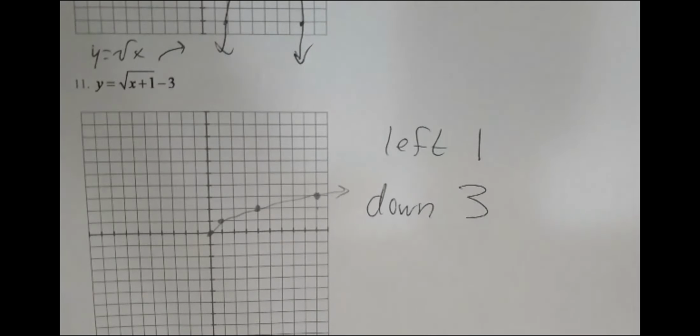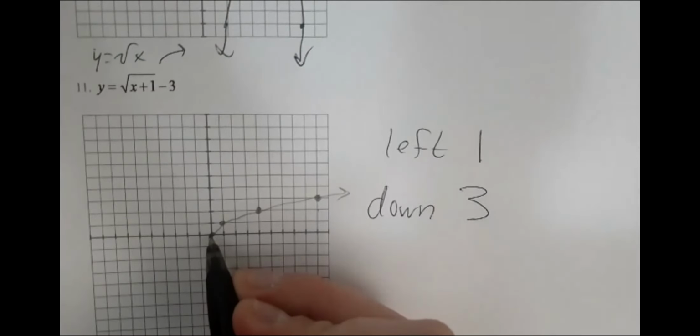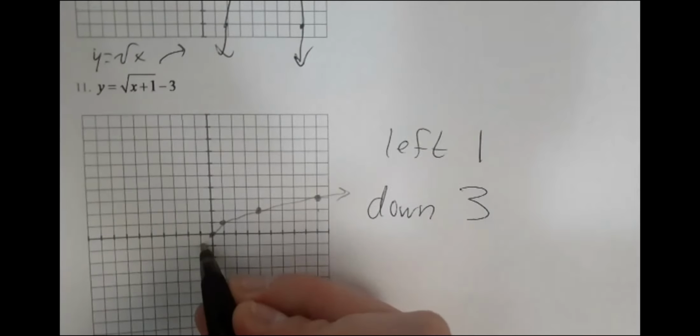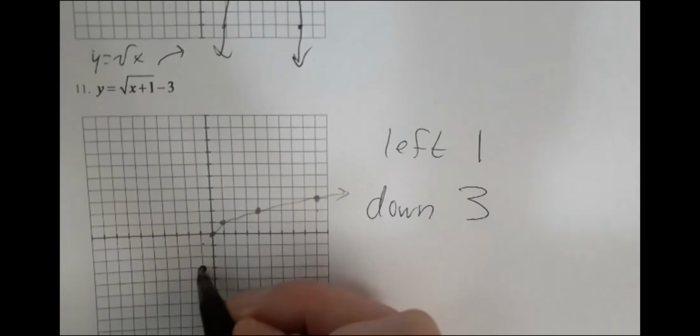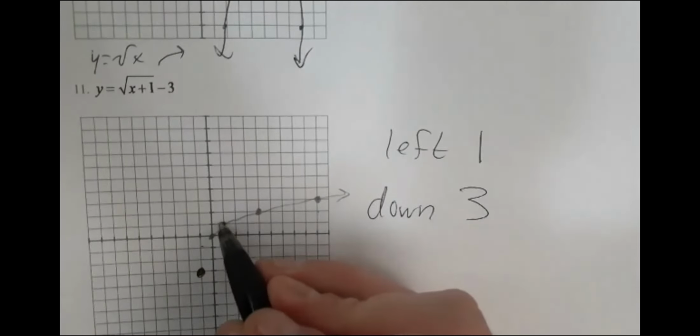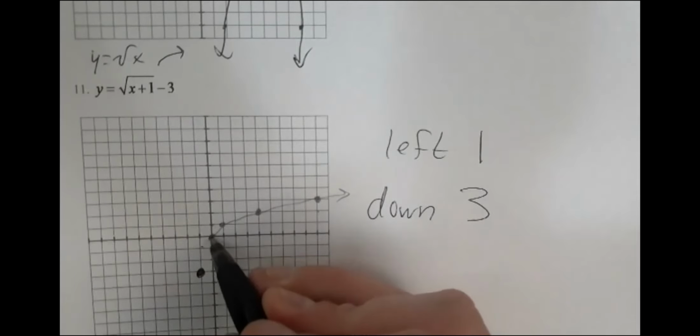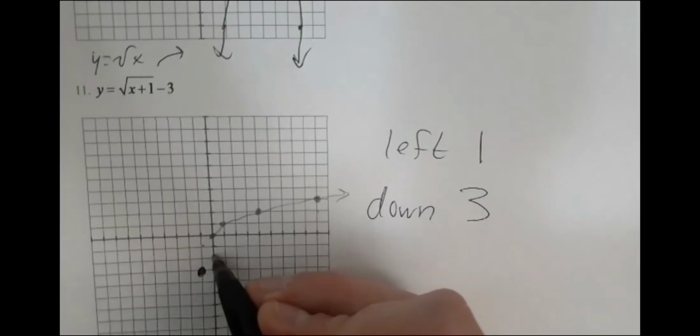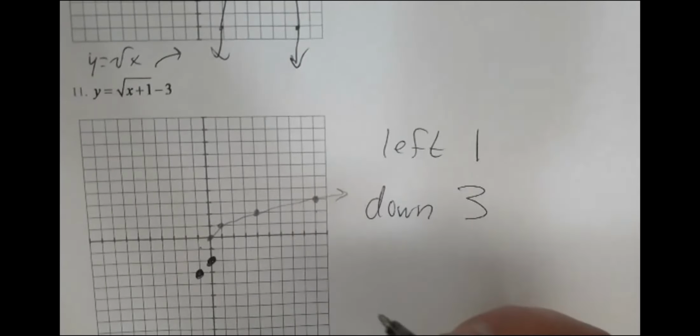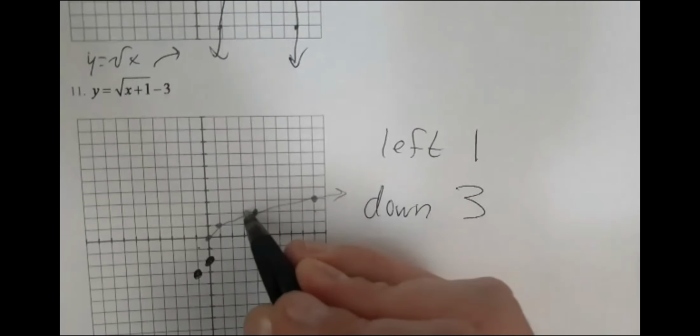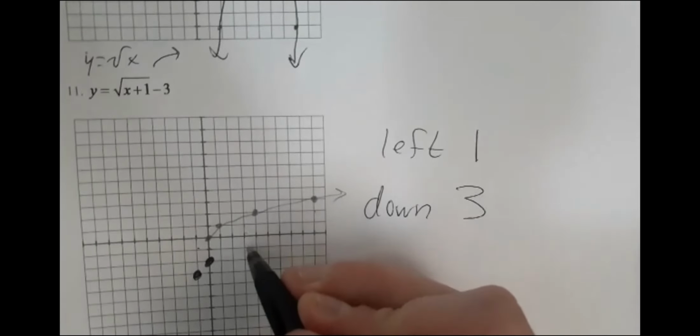I'm probably going to do this one all in one swoop. If I take this point, I can move this thing point by point. If I go left 1 and go down 1, 2, 3, here's my new starting point. I'm going to move this one left 1 and down 1, 2, 3.